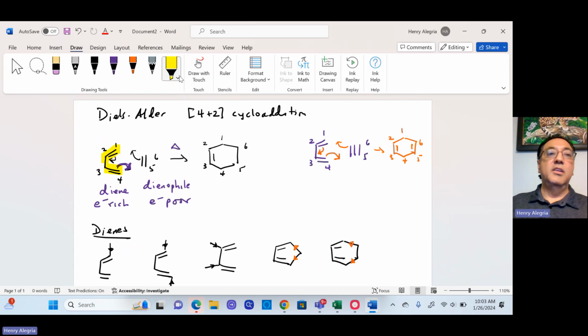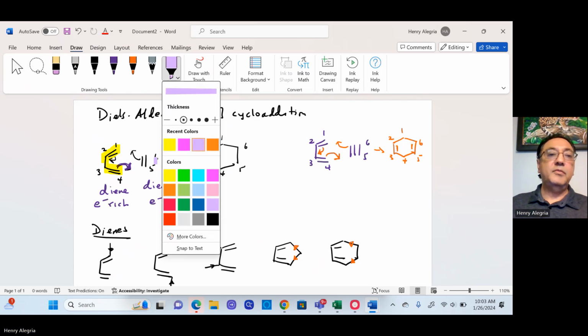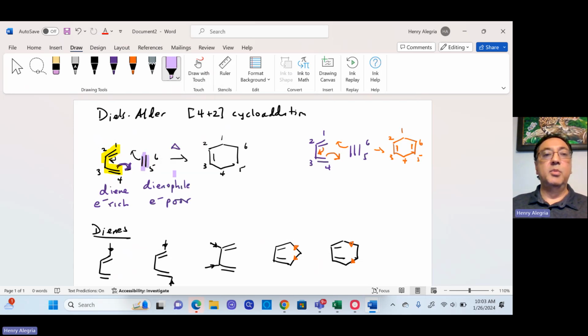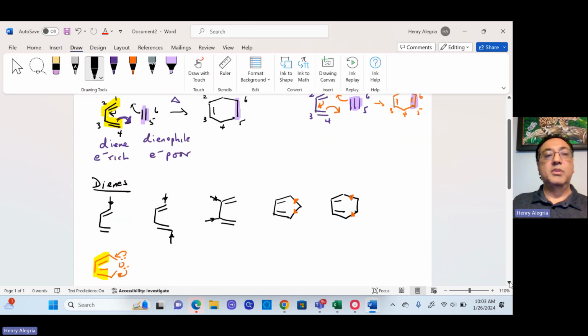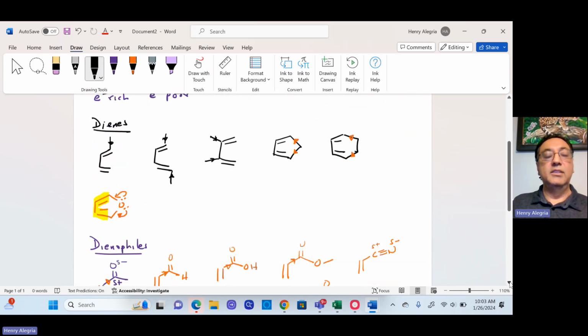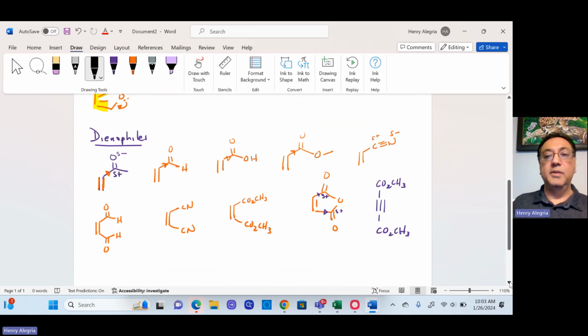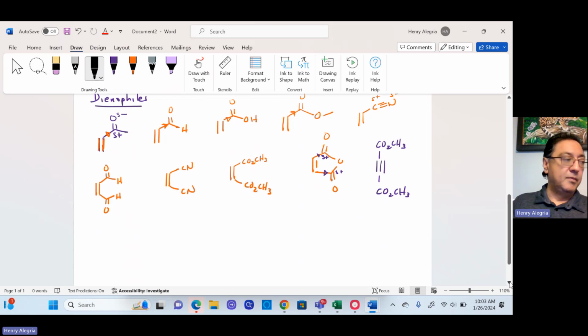When I started off with the dienophile having a double bond, you end up with a single bond in the product. And if I start with a triple bond, then I simply end up with a double bond, but that's a perfectly valid Diels-Alder reaction. So here we see good examples of strong dienes and strong dienophiles. So hopefully this all makes sense.